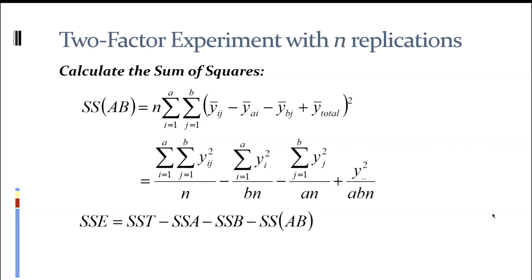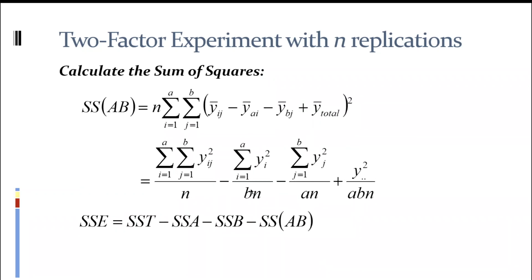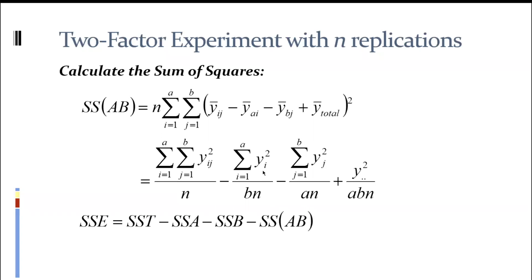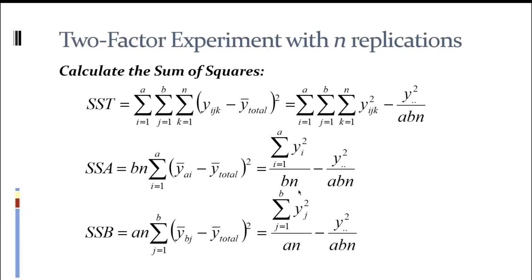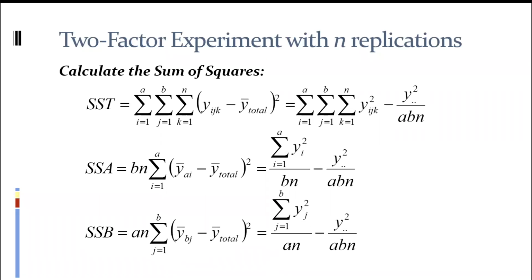So we need to actually compute for, kasi if you look at the SSAB calculations, if you look at this first term and the second term, no? This is actually also the term for SSA and the term for SSB. So try to look at it. Magiging ito siya over BN, which is also this term. And ito is this term, no?